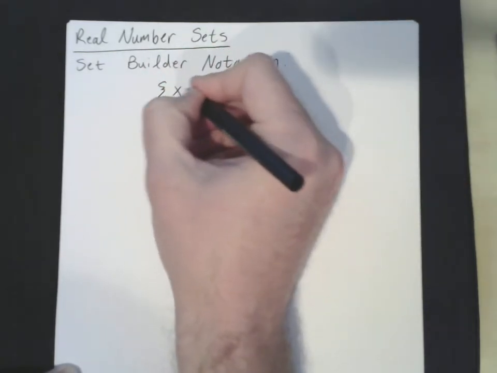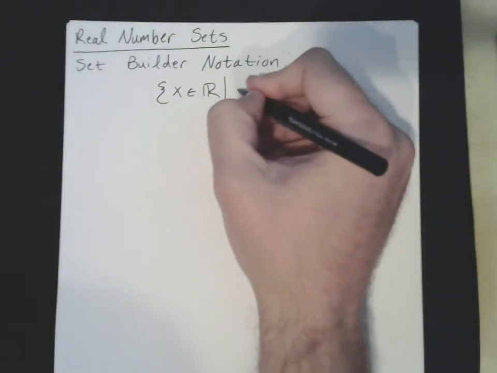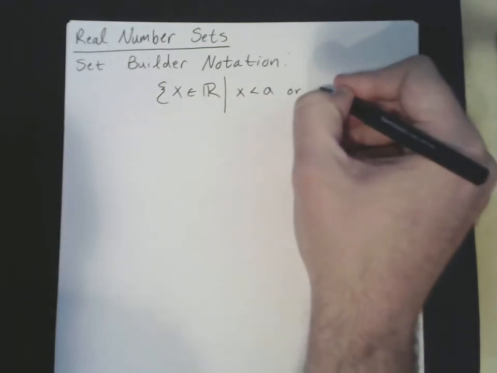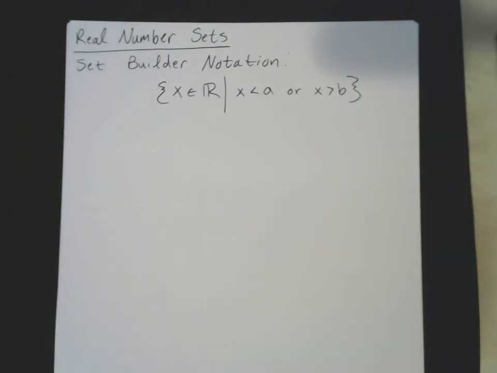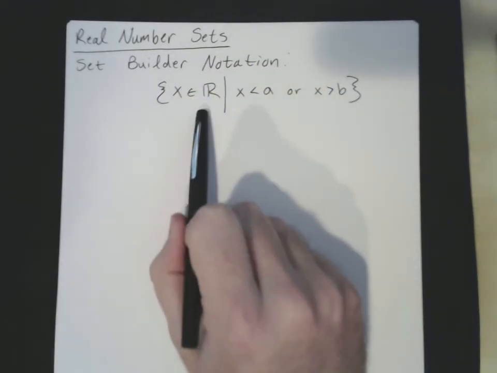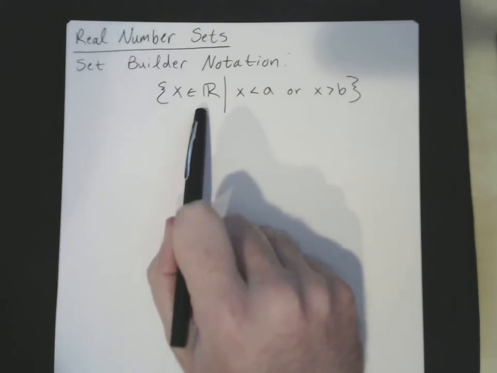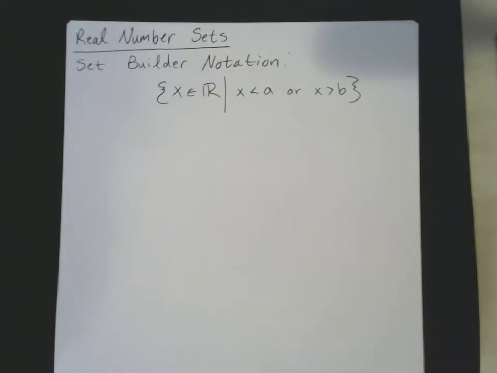So a set of real numbers such that, you know, we can have x is less than A or x is greater than B, something like that. When we have set builder notation like this, we're implying that A and B are real numbers since our x's only come from real numbers. So we can write our unions and our intersections and all our other sets as set builder notation.